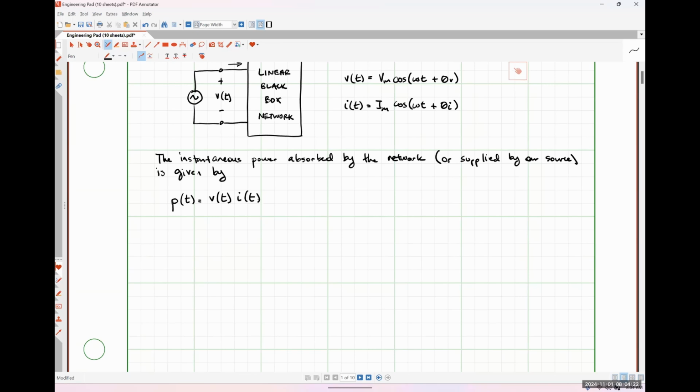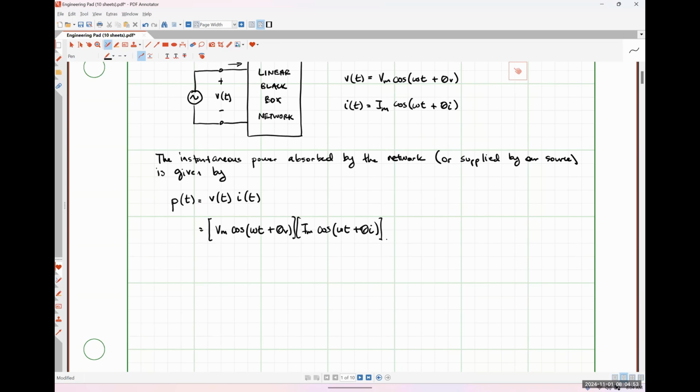Absolutely correct. So if I substitute in my expression for V of t, that's going to put a Vm cosine omega t plus theta v here, and an Im cosine omega t plus theta I over here. So I'm going to use a trig identity that I believe I've already shown you guys, but this will be my first time ever actually applying it.